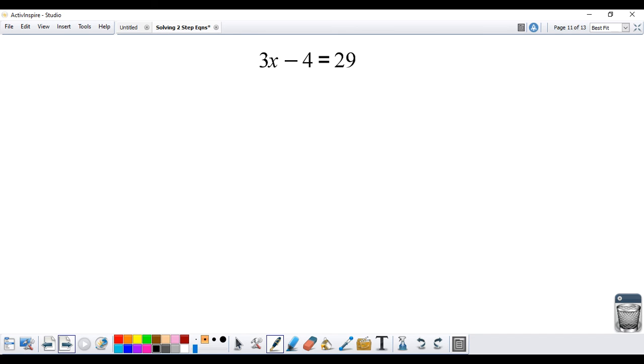Here's the equation, 3x minus 4 equals 29. So again, I'm going to start with drawing a line down the middle of my equal sign and start with adding or subtracting. Right now, I'm subtracting 4, and the opposite of subtracting 4 is adding 4. So I'm going to add 4 to both sides.